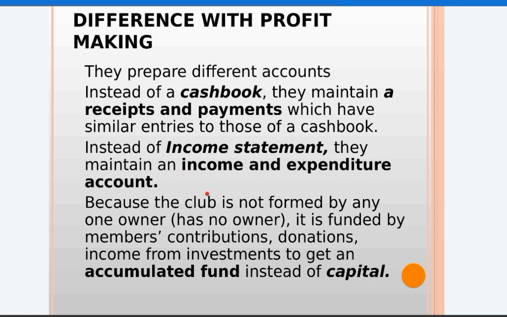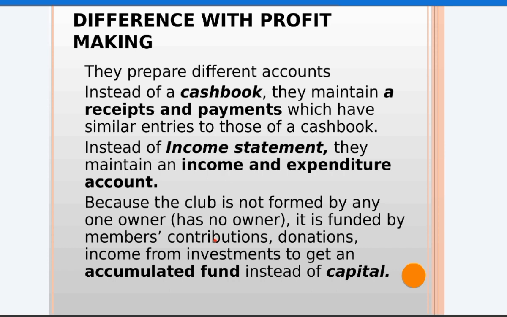Now, you will find that these non-profit organizations are not formed by any one owner. So we normally say that they have no owners. Then the question will be, if they have no owners, how do they get their capital to form these organizations? You'll find that the capital used to form these organizations comes from the members' contributions.